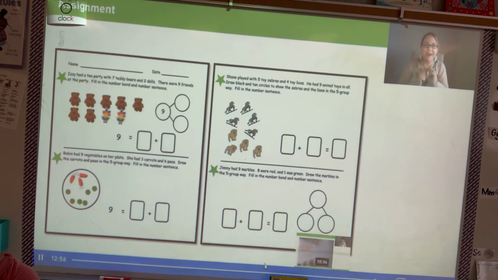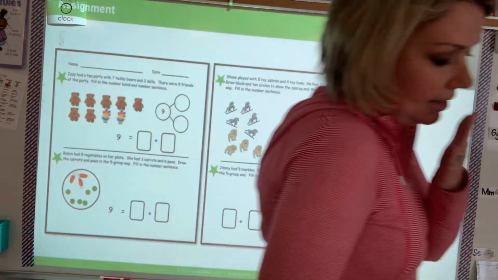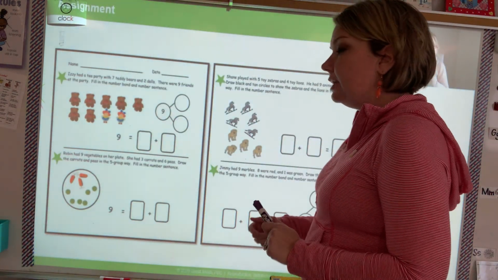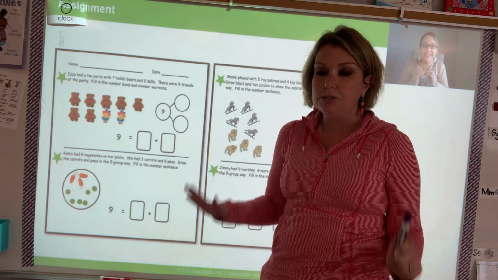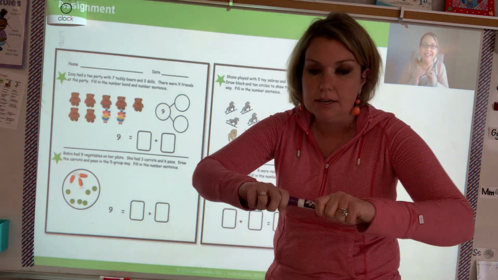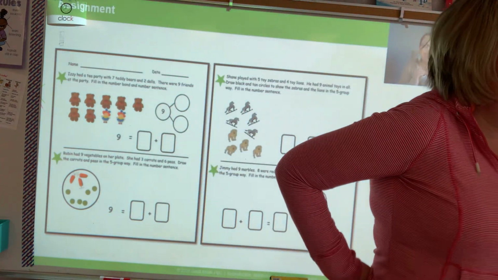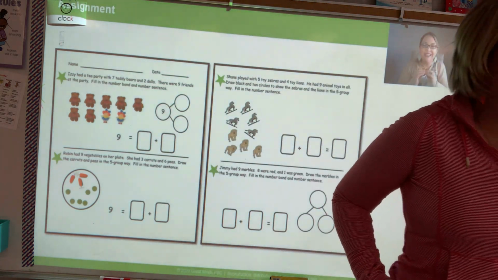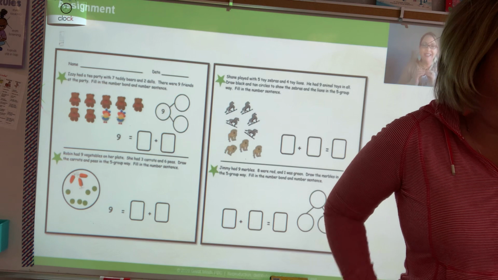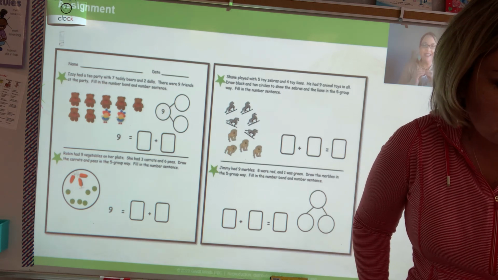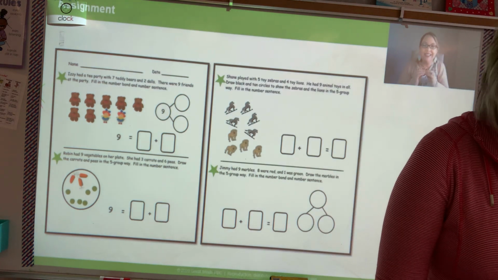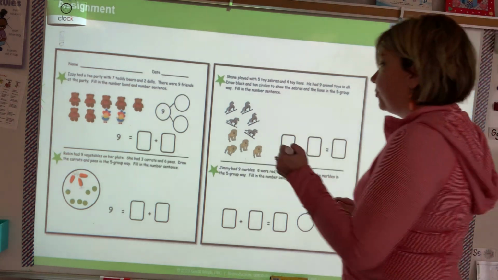Remember that you are going to start with the problems with the green. Okay, so let's open our handy. Oh, wait, before we do that, make sure your whiteboards are spick and span clean and the lid is tight on that marker. Now we can open our books to page 123.